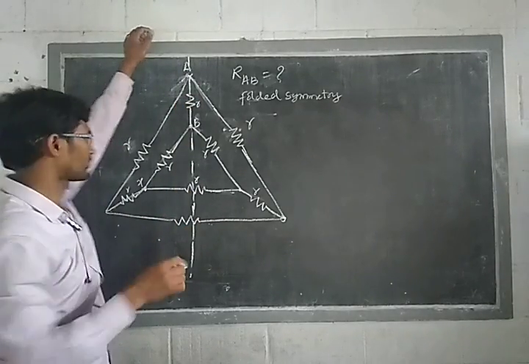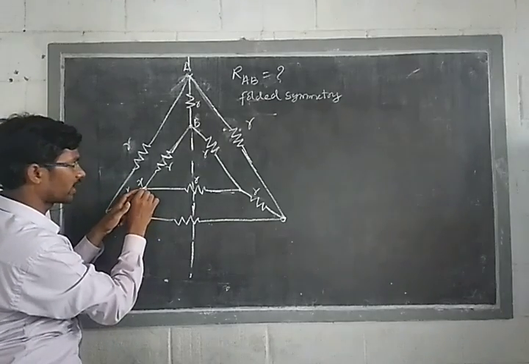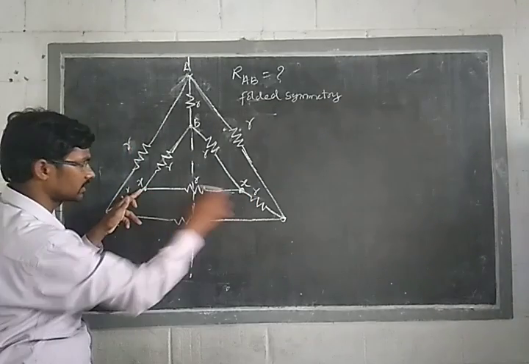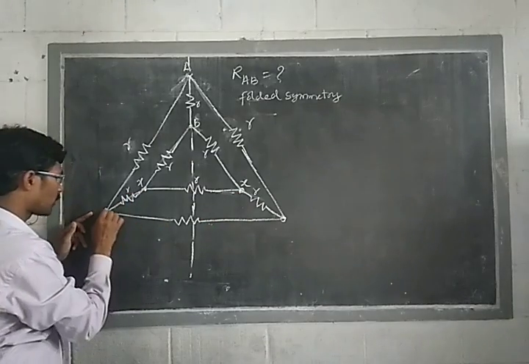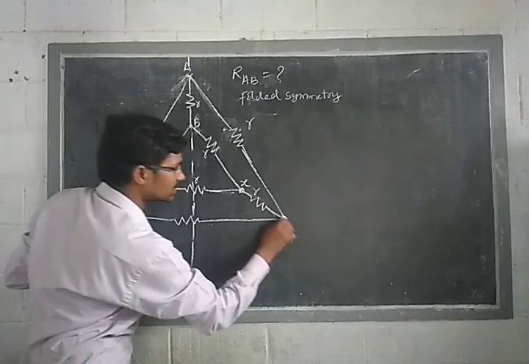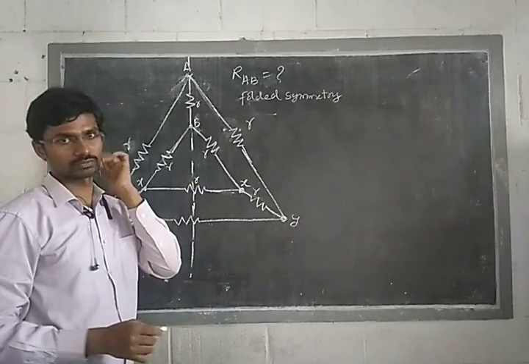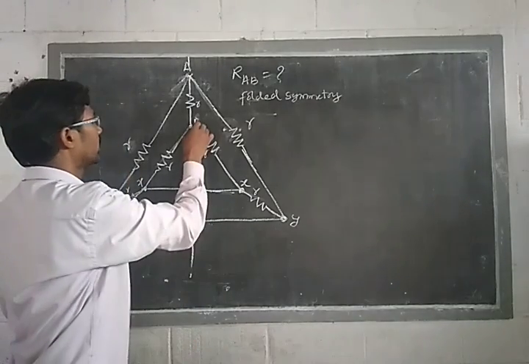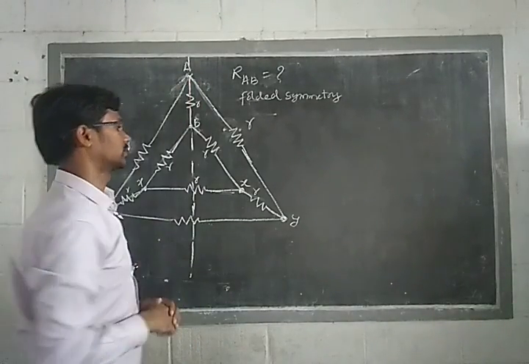How? Let me tell. So this is the point X, and this point is also X. Now if this is a point Y, this point is also Y. Are you clear, students? Now here B is there, here A is there.